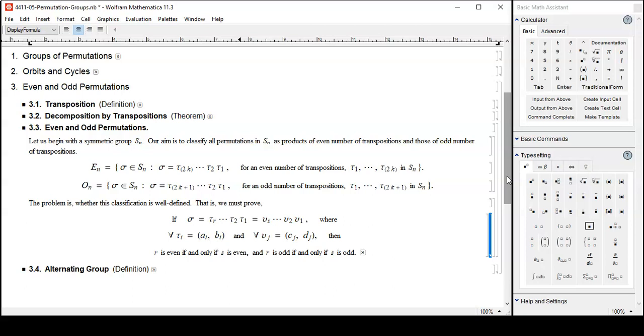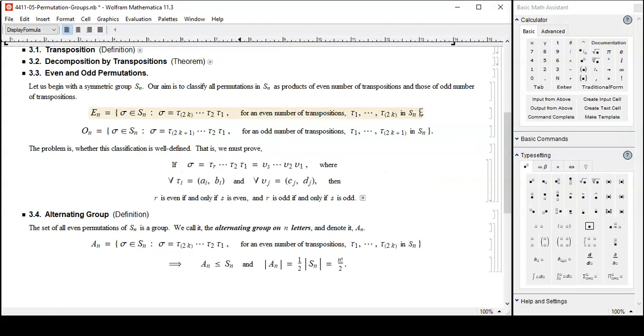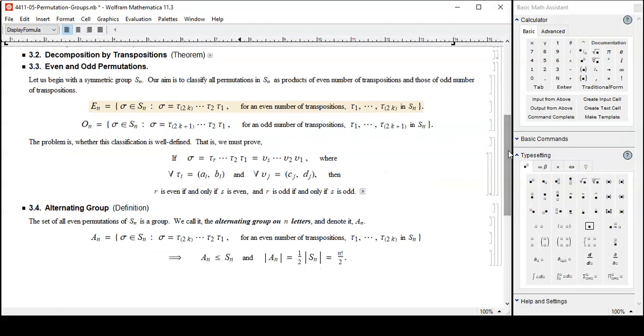It is possible to classify all permutations in a symmetric group by even permutations and odd permutations. Even permutations require even number of transpositions, and odd permutations require odd number of transpositions. Moreover, the set of all even permutations form a subgroup.